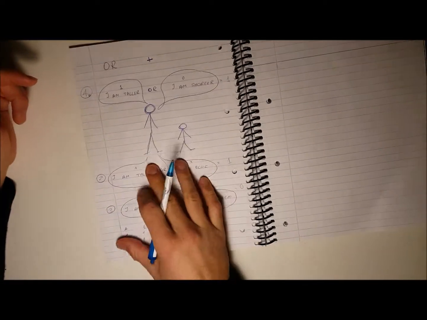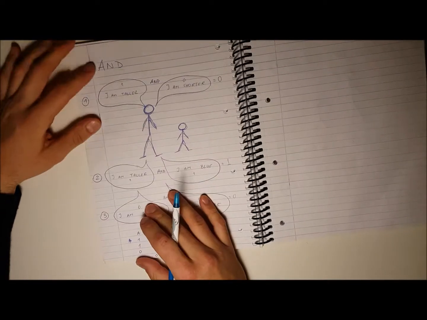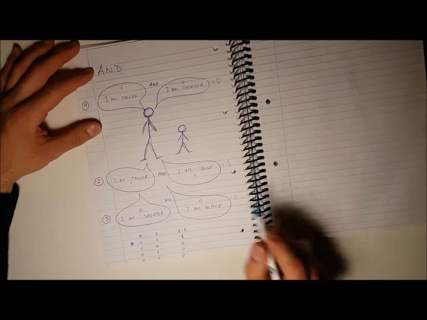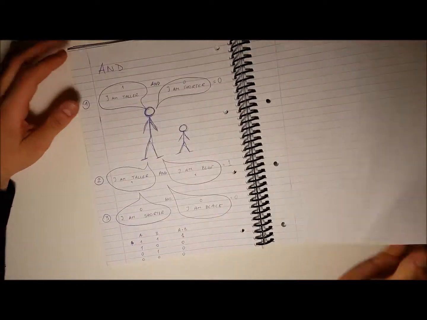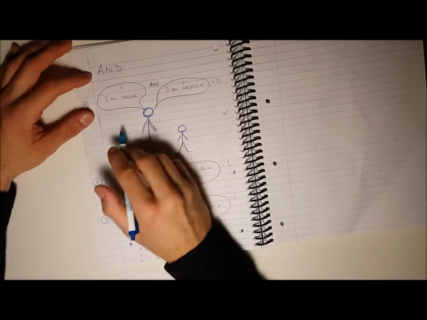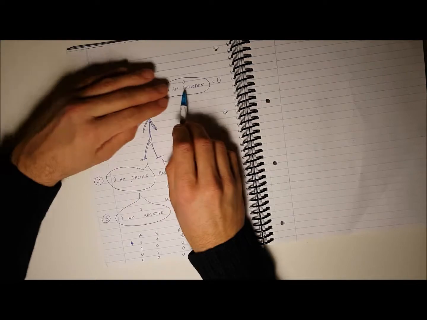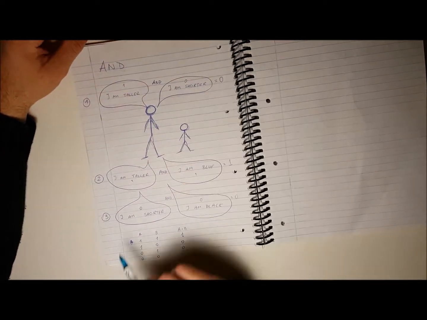So that's it. If you want to know a bit more about NAND and NOR, it's basically just the opposite of AND and the opposite of OR. So if there is a NAND of something that is true and is false, so in AND it gives you 0, then NAND gives you 1.